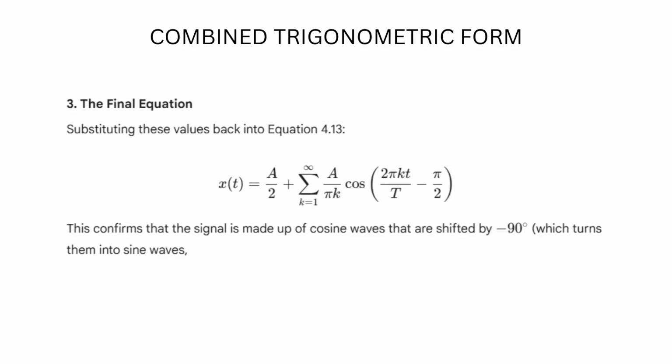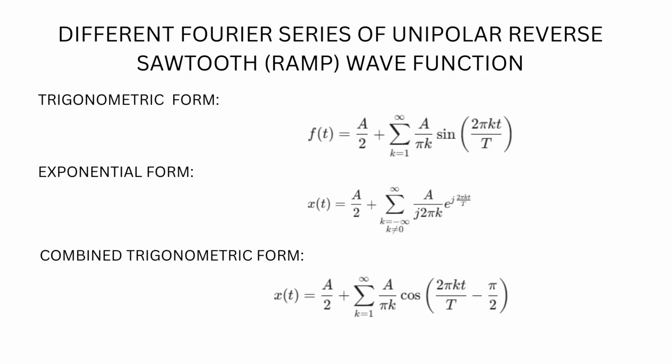This confirms that the signal is made up of cosine waves that are shifted by negative 90 degrees, which turns them into sine waves, matching your earlier results. In summary, these are the different Fourier series of the unipolar reverse sawtooth or ramp wave function: the trigonometric form, the exponential form, and the combined trigonometric form.